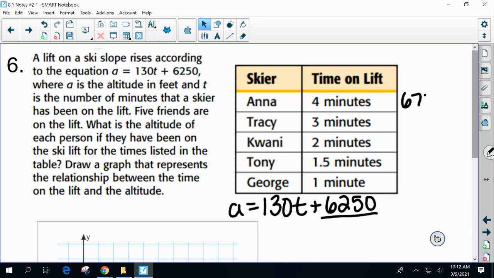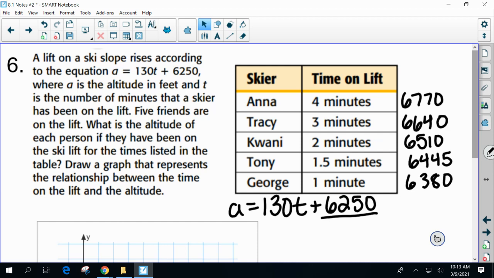Okay, and then 130 times 3 plus 6,250. 6,640. 6,400. 6,350. So now what we're gonna do is graph this.